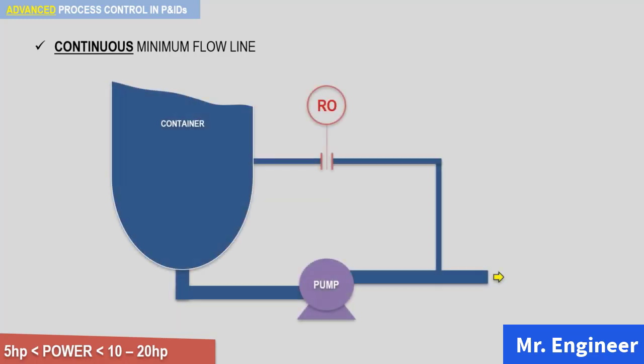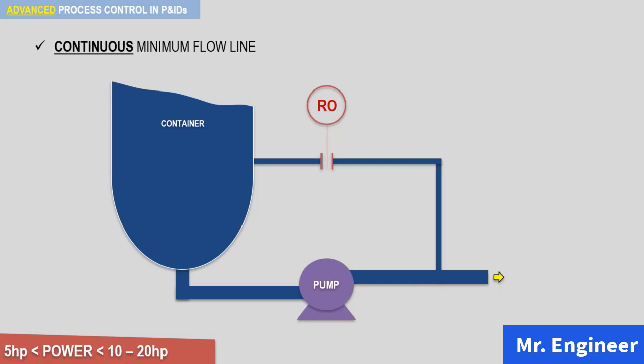As seen in this PNID example, instead of going to the expense of installing a control valve, we can put a restriction orifice on this line. By doing this, we are always recirculating a portion of flow, even in cases where flow to the pump is higher than the minimum flow, and we don't really need recirculation. So we are continuously wasting energy, and we know that, but the pump is so small that installing an expensive control loop for them is hard to justify.